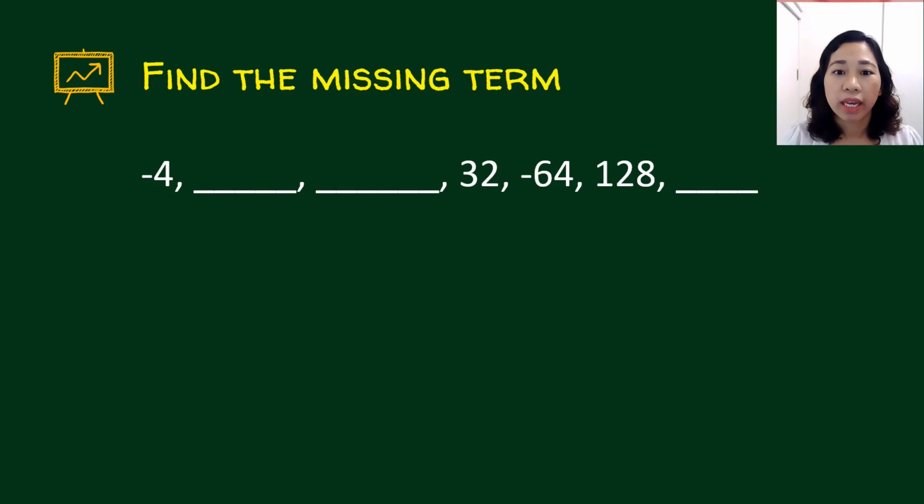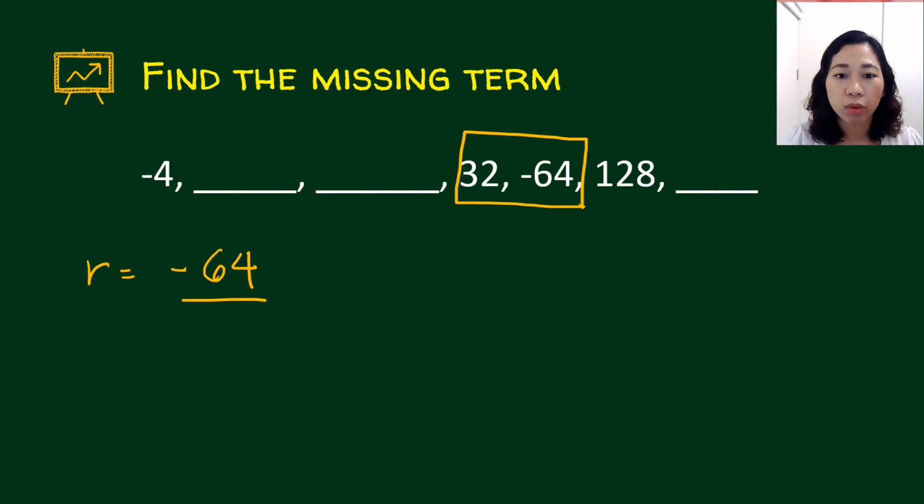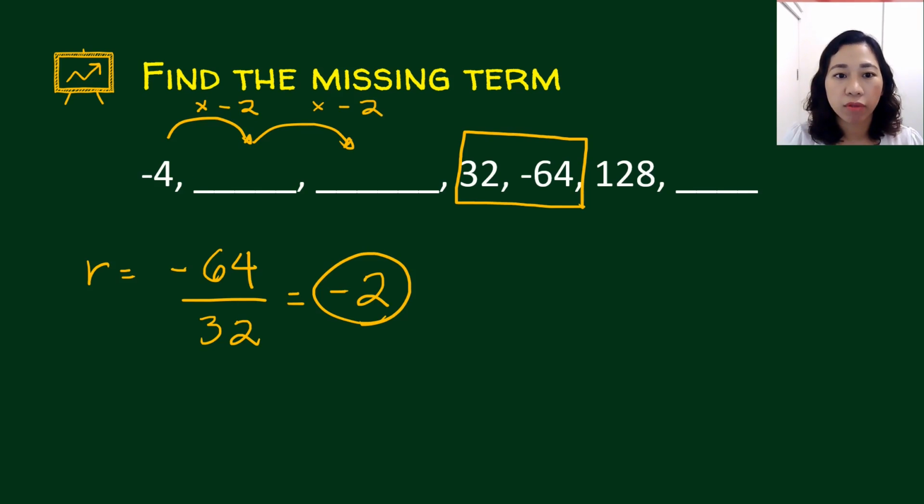Next. So again, remember, you just have to get two consecutive terms like this and get the common ratio. What is the common ratio? That's negative 64 right over left, which is 32. And that is equal to negative 2. There you go. So that means times negative 2, times negative 2, and here, times negative 2 as well.